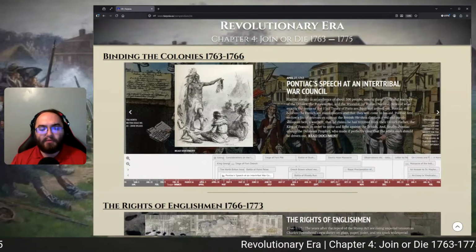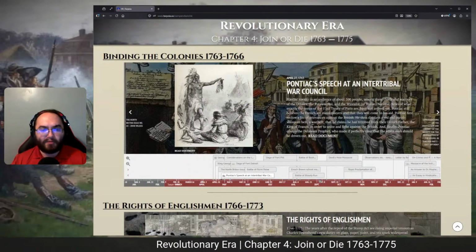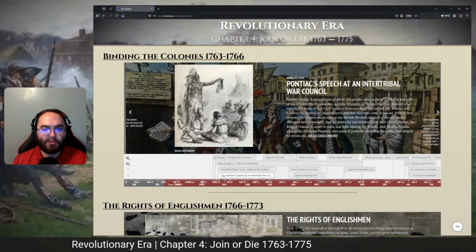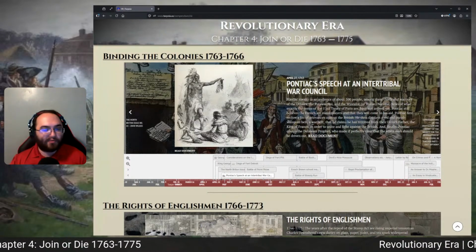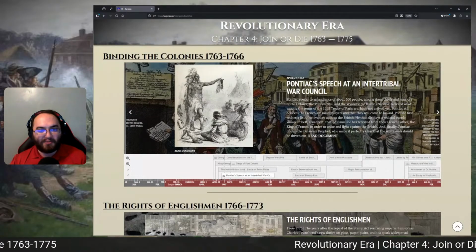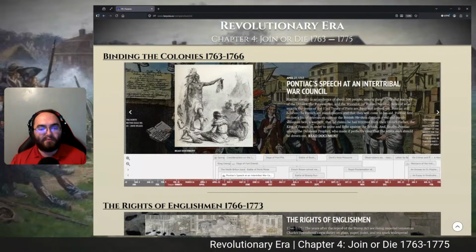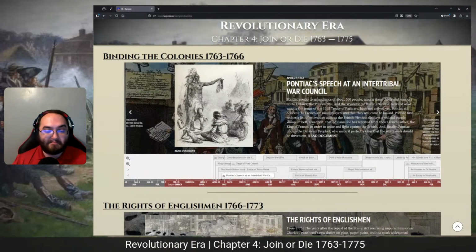Following the end of the French involvement in fighting the British, the Native Americans, who were not told what the Treaty of Paris was about, believed that the French were going to continue fighting.